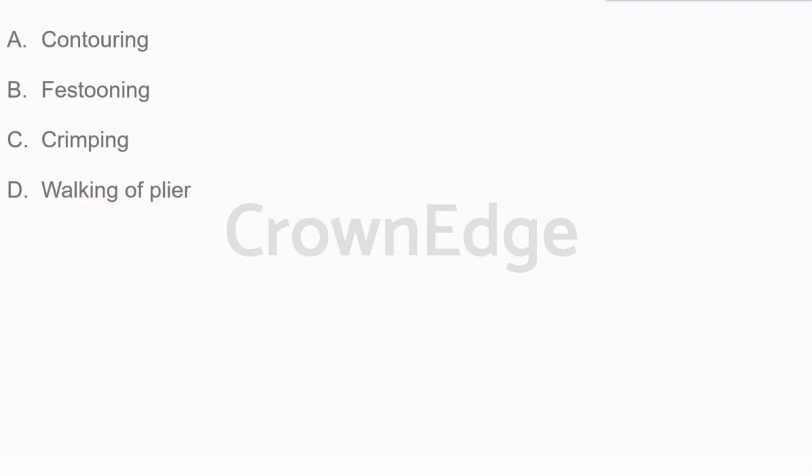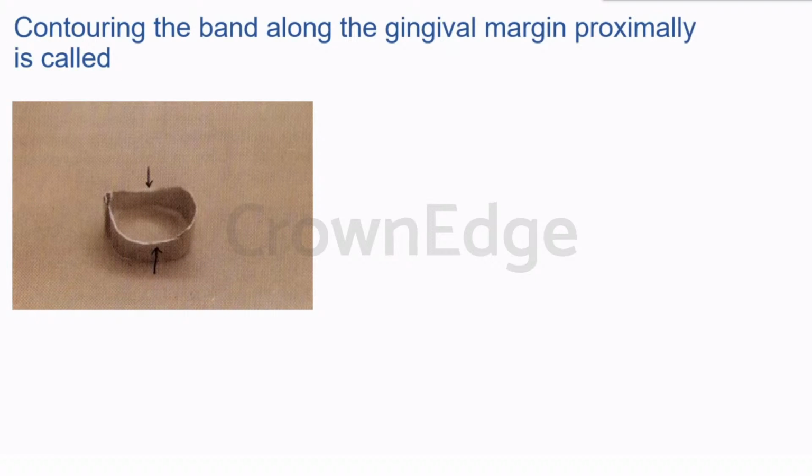So option B is the right option. Contouring is when you have the band strips, the band material, and you contour them in the occlusogingival direction like this, so that it seats into the gingiva really well.